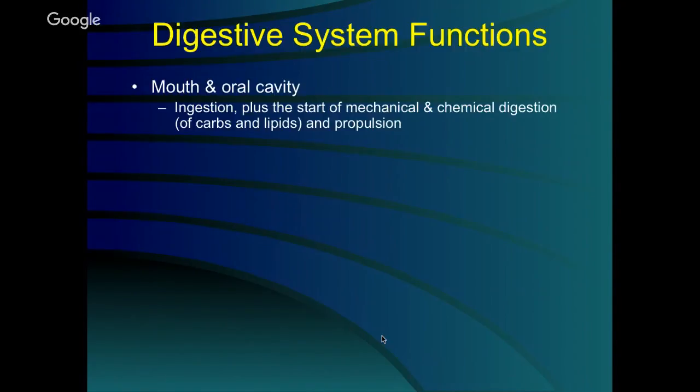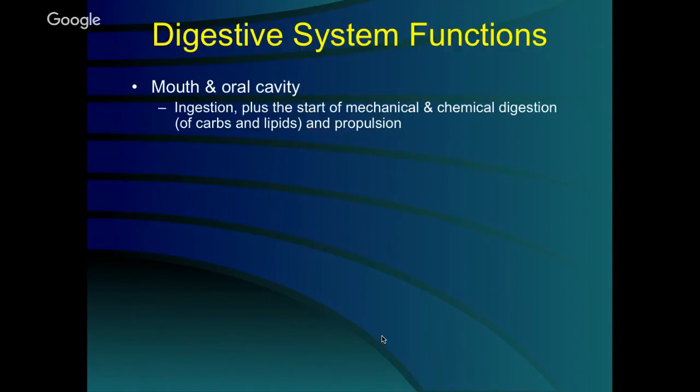You're going to see as we go farther along that only carbohydrates and lipids begin to be digested in the mouth, not proteins. So you might want to leave yourself just a little bit of space as we move along and talk about the actual process of digesting a bite of food. I'm going to talk about what enzymes are responsible for the digestion of carbohydrates in the mouth and lipids in the mouth. And I'd like you to add that into your notes for functions.